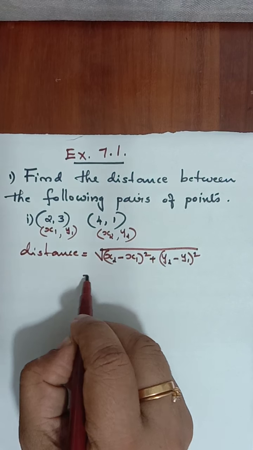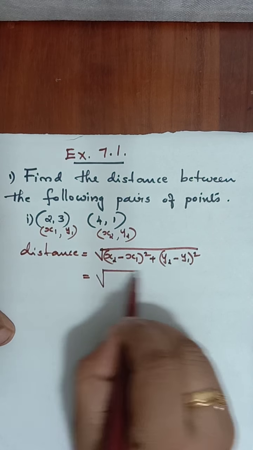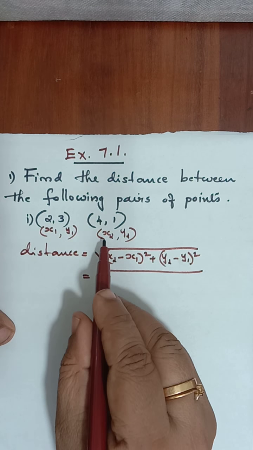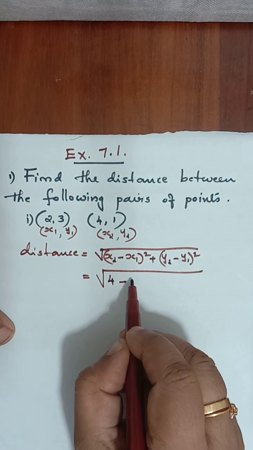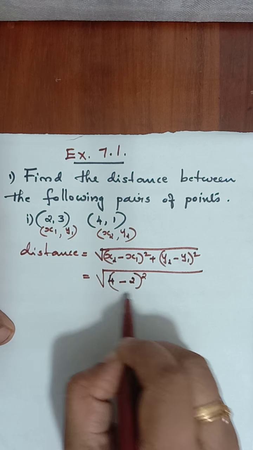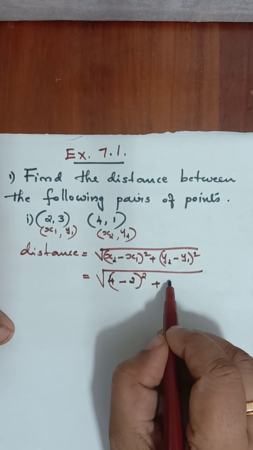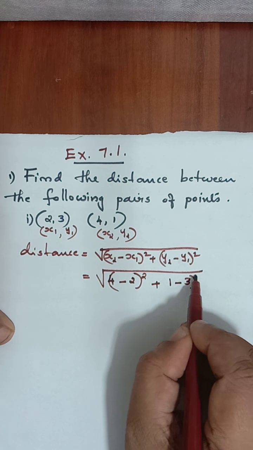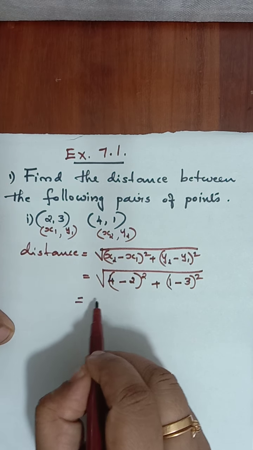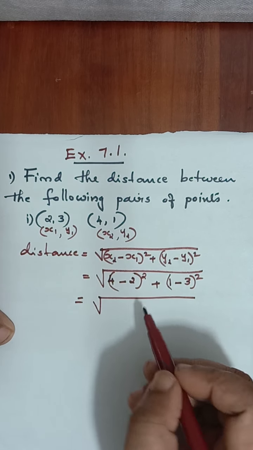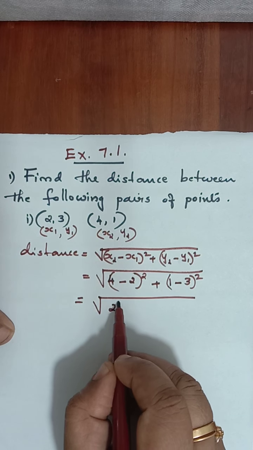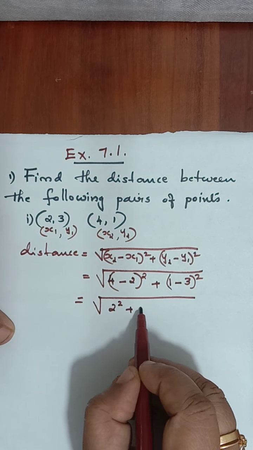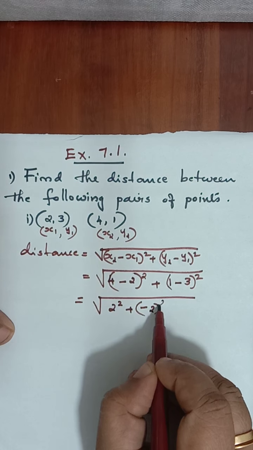Just substitution only. By checking these values, you can substitute x2 4 minus x1 2 whole square plus y2 minus y1 whole square, 1 minus 3 whole square. That's equal to, first you have to take 4 minus 2 is 2, 2 square plus 1 minus 3 is negative 2 whole square.